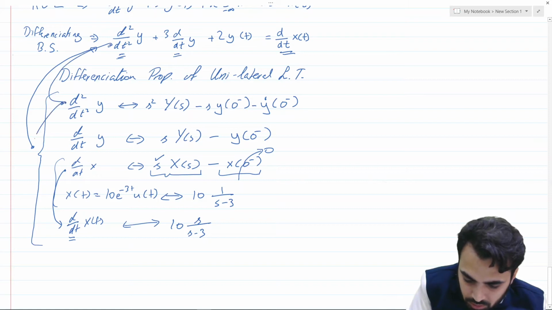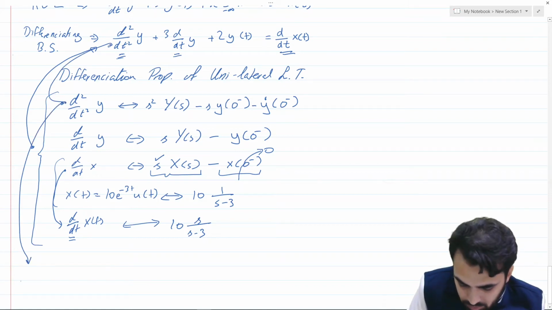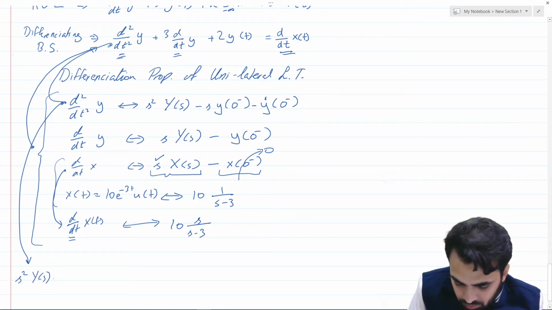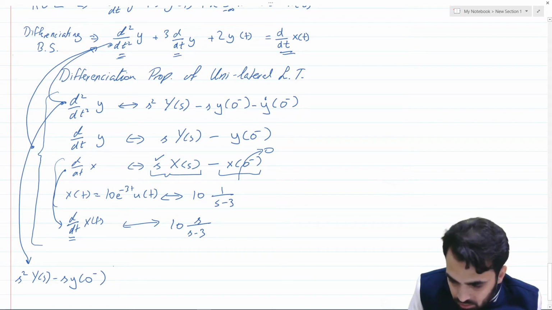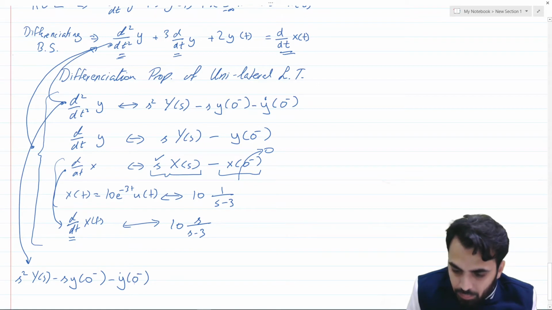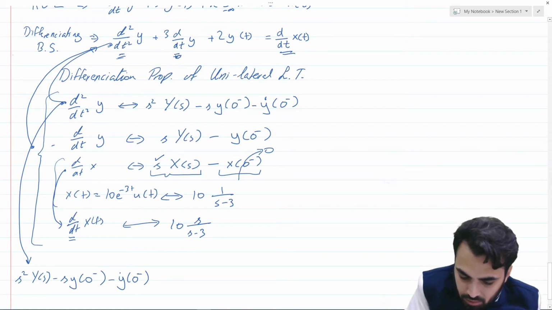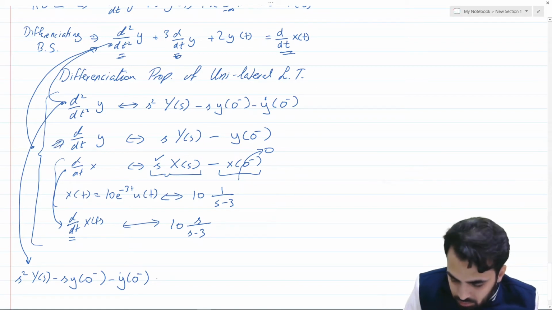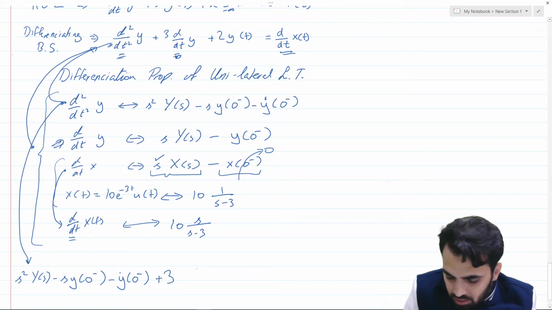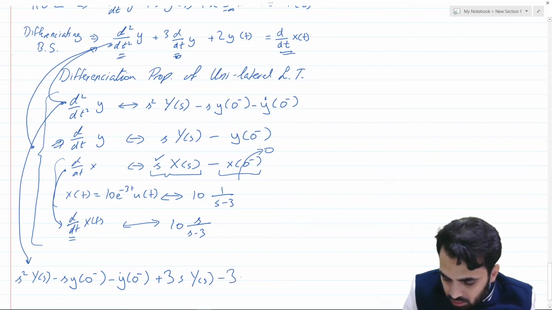So from here we have s square y of s minus s y of 0 minus, minus the first derivative y dot of 0 minus, and from here we have plus 3s y of s minus 3 y of 0 minus.